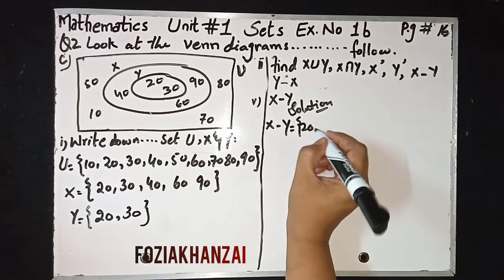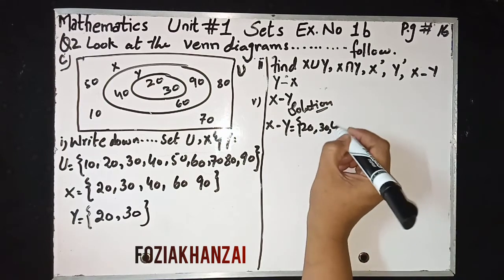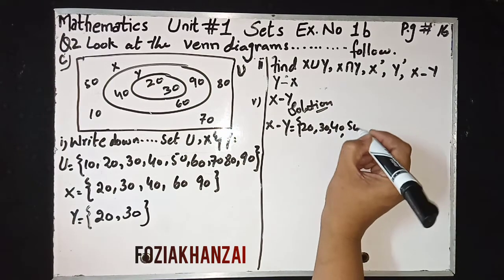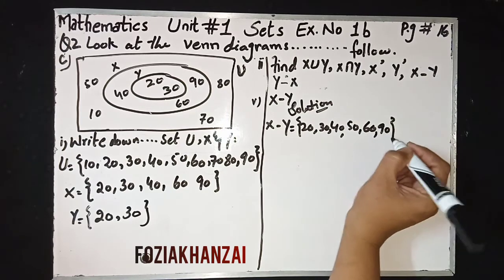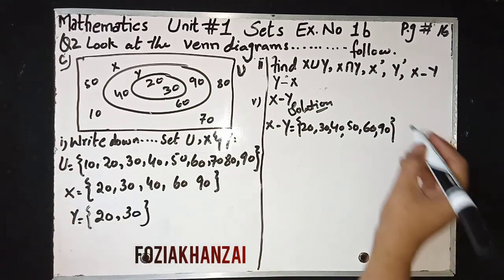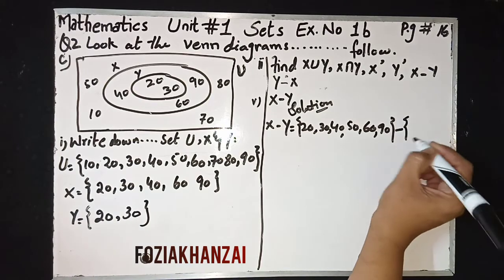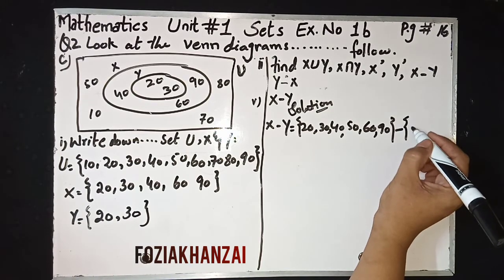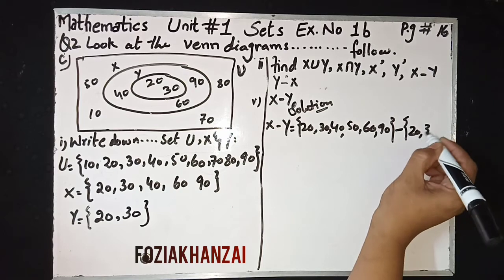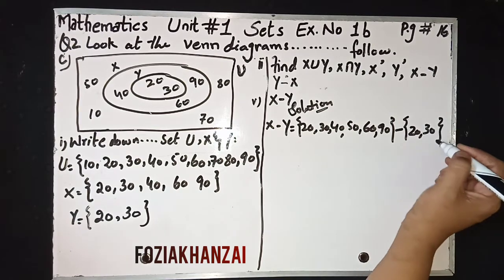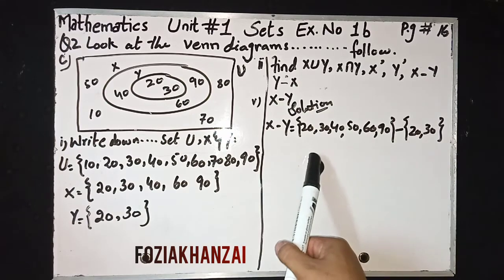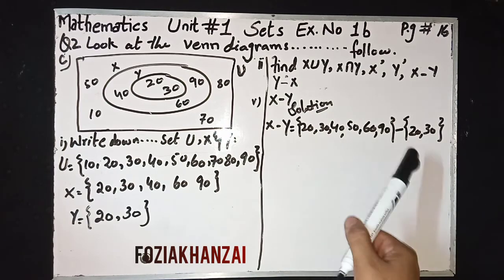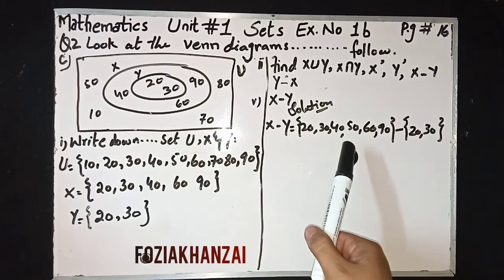Elements of set X: 20, 30, 40, 50, 60 and 90. Put the subtract sign, then copy down the elements of set Y: 20 and 30. The method to find the difference: cut the same elements if we have common ones, one or more.